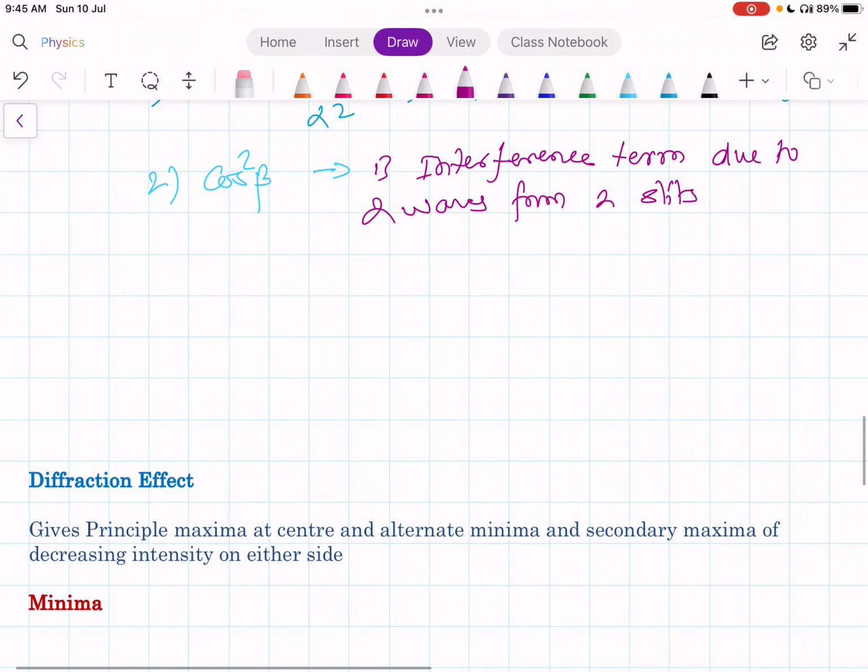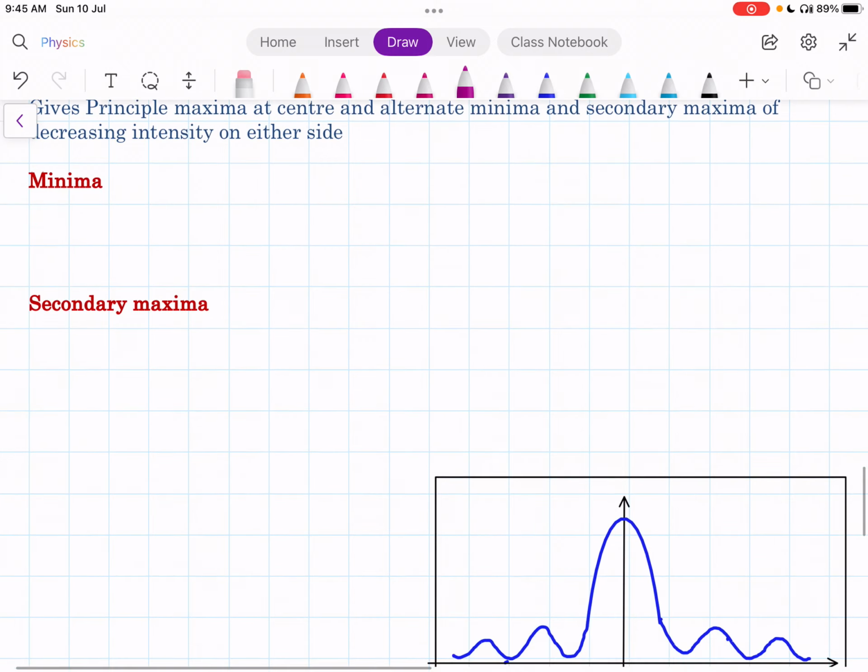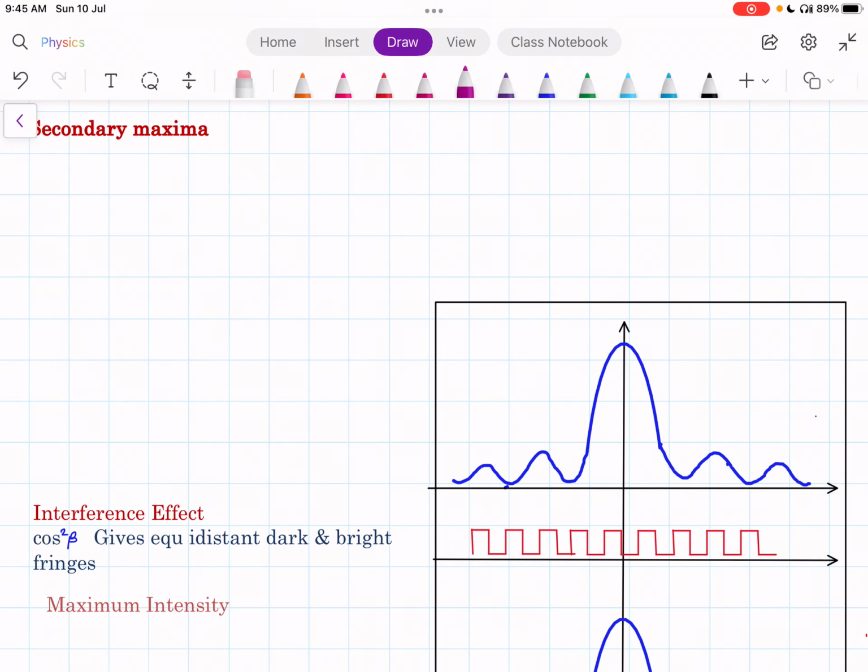Or we can say the diffraction effect. Now, the diffraction effect gives central maxima at the center because we already studied diffraction due to single slit. This diffraction effect gives principal maxima at the center, and then we get alternate minima and secondary maxima of decreasing intensity on either side, as shown in this diagram here.